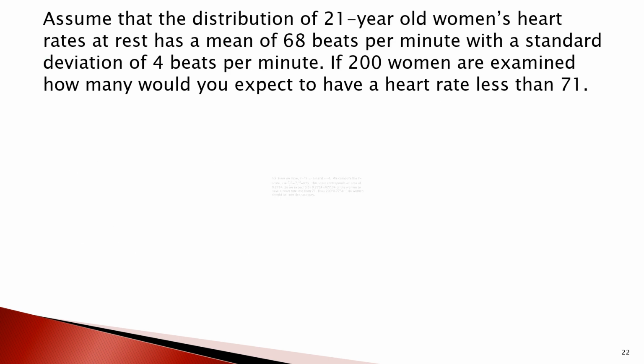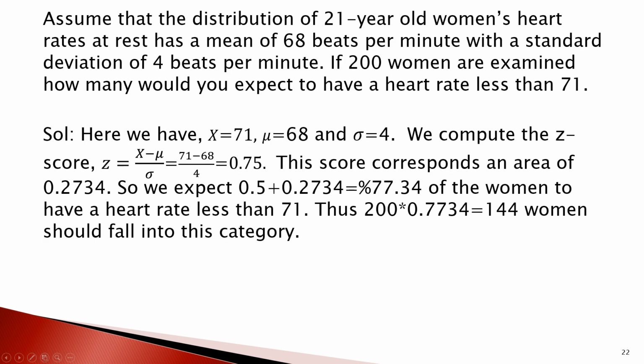So this z-score for 0.75 corresponds to 0.2734, which is the percentage. So 0.5 is already on the left, and we also have 0.27 here, and if we sum them up, we are going to get 77%.